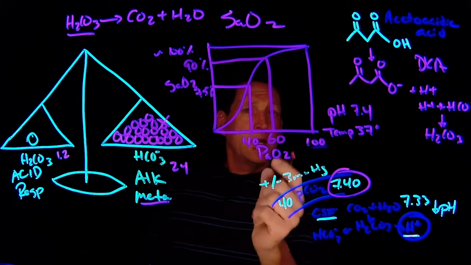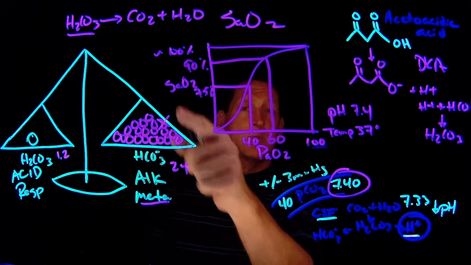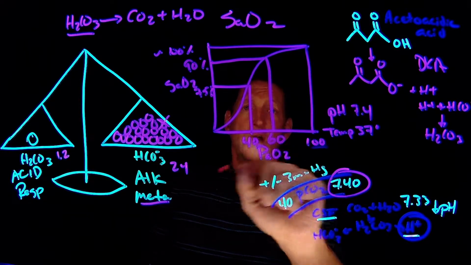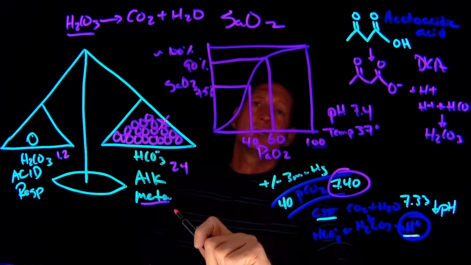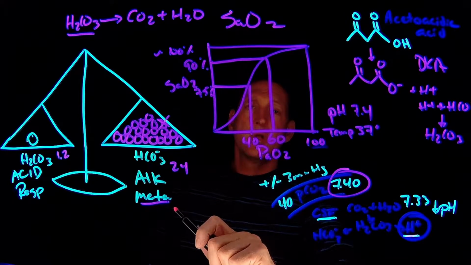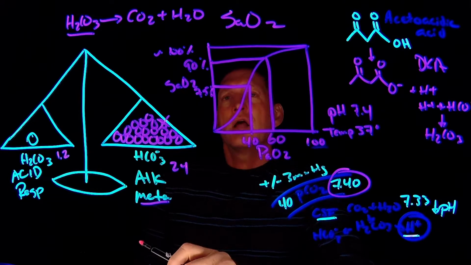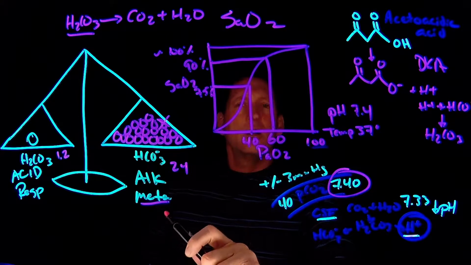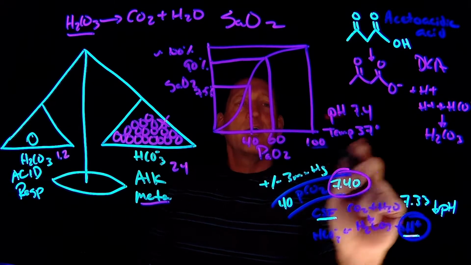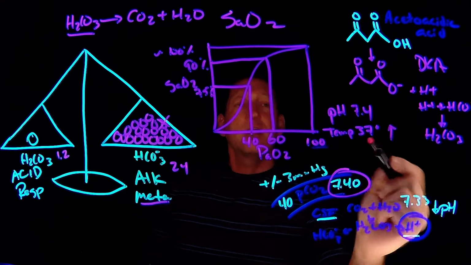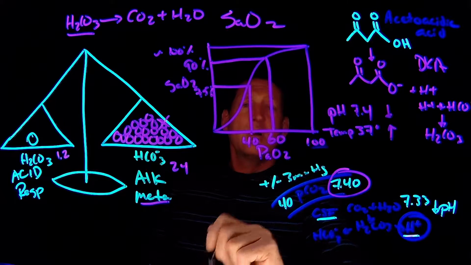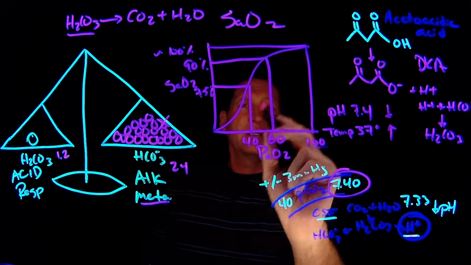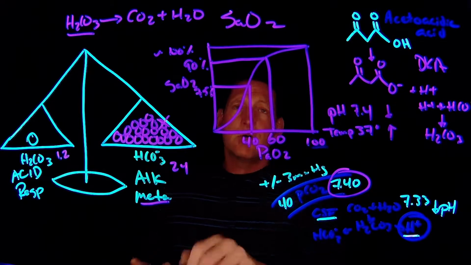So if their SaO2 is reading 90%, their PaO2 is at 60. I know that based upon this curve. But that's only if their pH and their temperature are being controlled for. So if I have a patient and their SaO2 is reading 90, but they are febrile and they're in acidosis, then I also know that they're not going to be at 60 because it has shifted my curve over this direction.